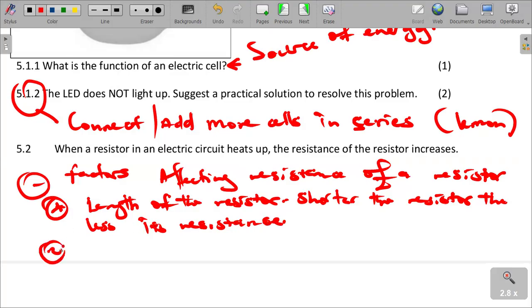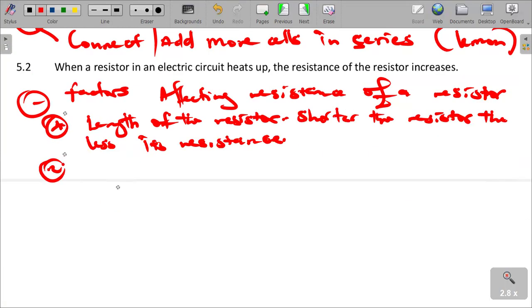And then we can also talk about the type of the resistor. I remember that we are saying some metals have a lower or higher resistance than others.